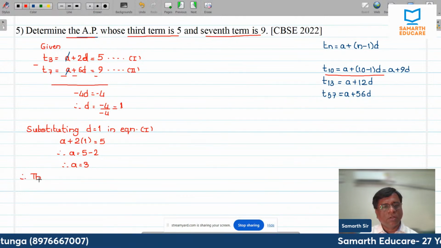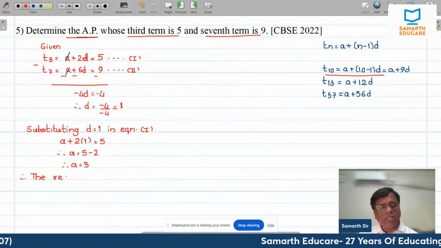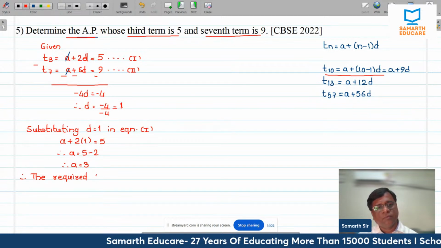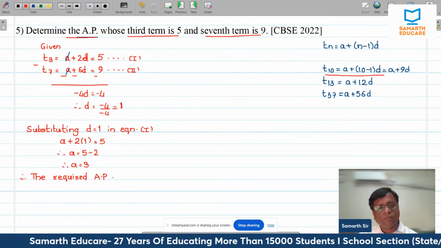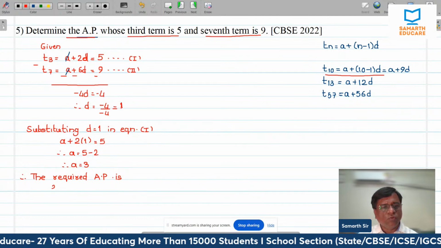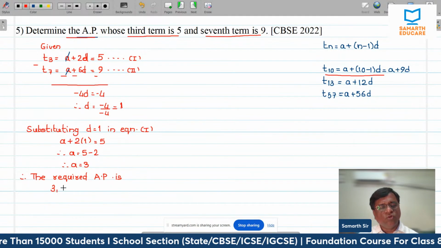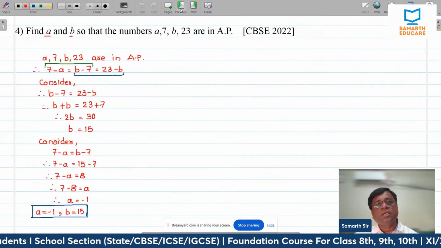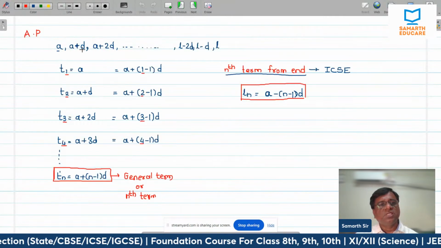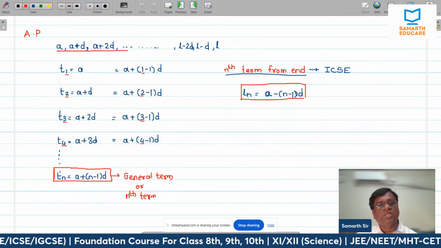Therefore the required AP is, first term would be 3, okay, second term would be 3 plus d. Come back to this very basic thing. What is an AP? a, a plus d, a plus 2d.